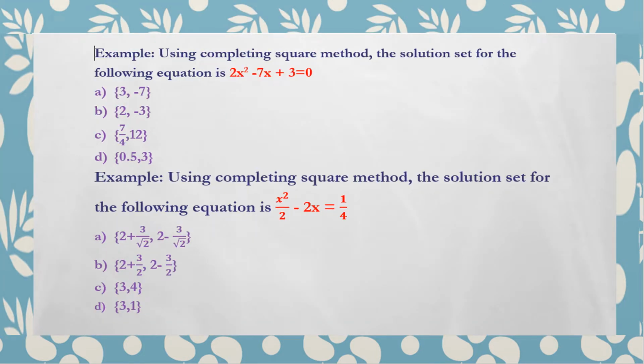Another example, using completing square method, find the solution set for the following equation, which is 2x squared minus 7x plus 3. First, we have to simplify this equation by dividing all terms by 2.